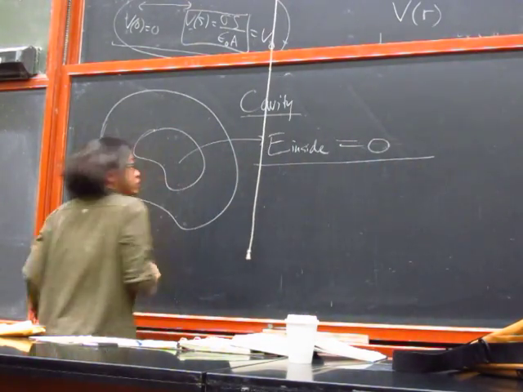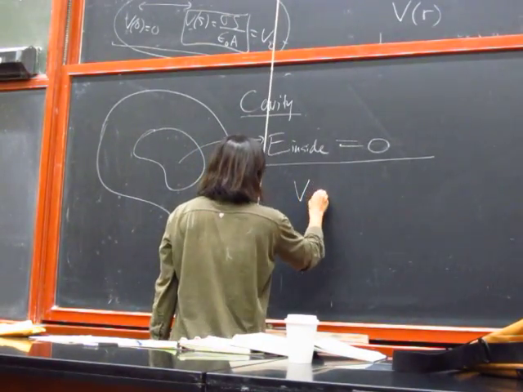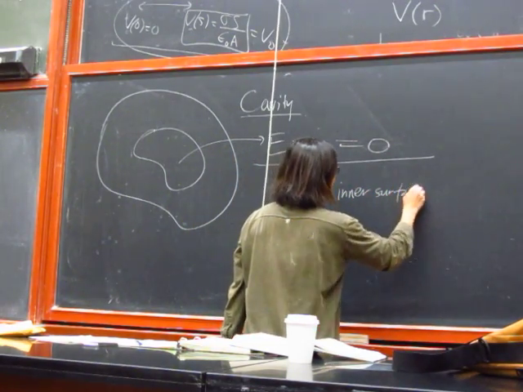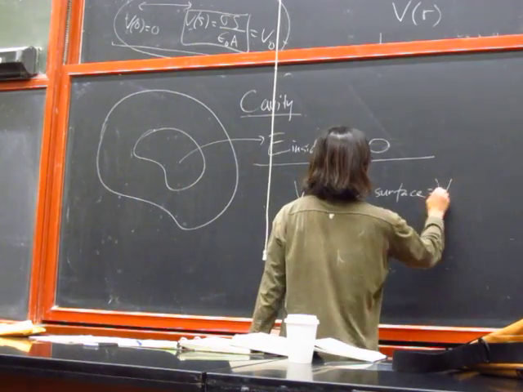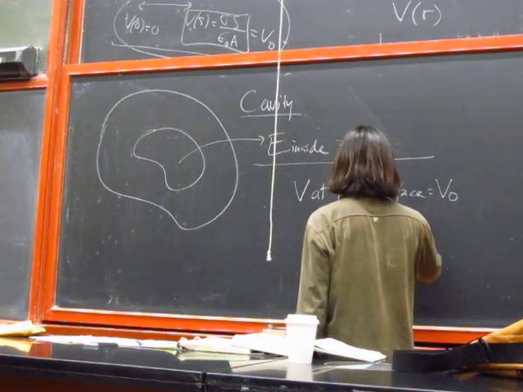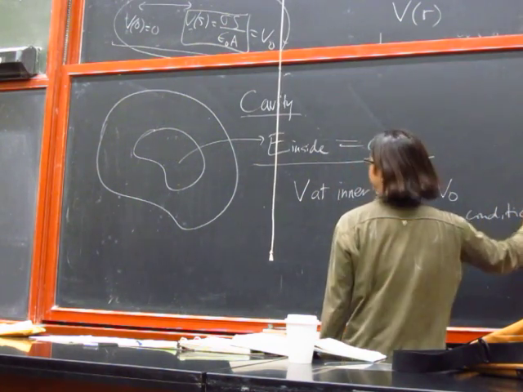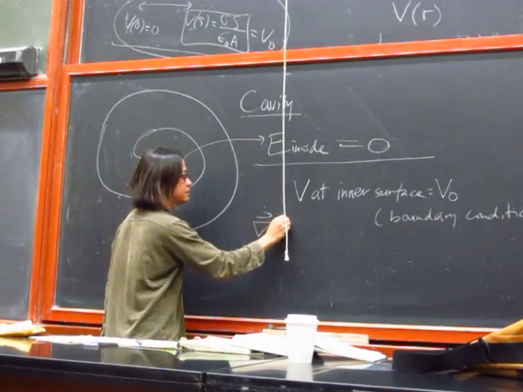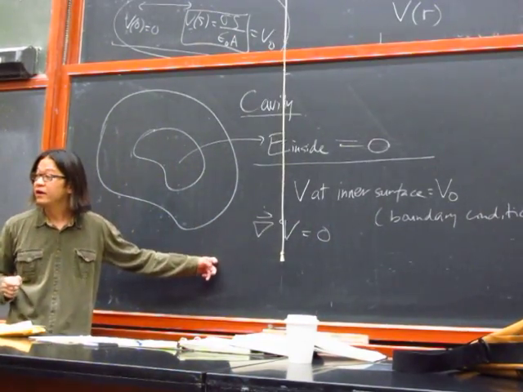But you can also use the Laplace equation to prove it. Because the potential at the inner surface is constant for a conductor. Suppose it's V naught. This is your boundary condition. And inside, in the free space region, it has to satisfy the Laplacian of phi equals 0.